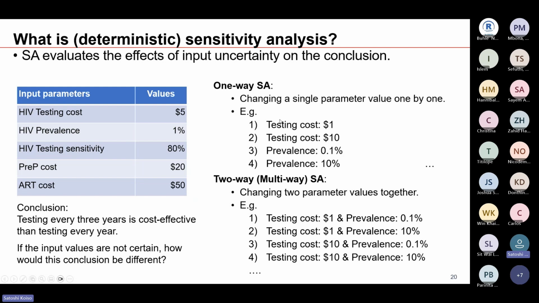In two-way or multi-way sensitivity analysis, we change two or multiple parameters together. For example, in the first run, I will try HIV testing cost at $1 and HIV prevalence at 0.1% as one combination, and in the second run I might try another combination, and so forth.